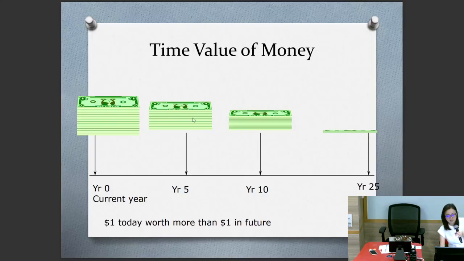Or if I give you the same amount of money 25 years later, then it means less and less. Because you want to get the money now, so that you can invest, maybe in the stock market. So $1 today is worth more than $1 in the future.